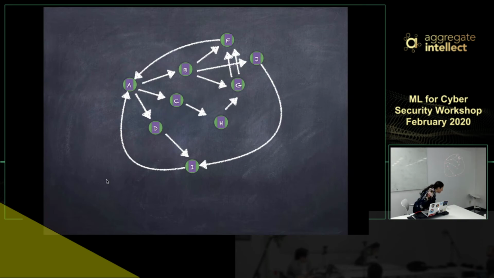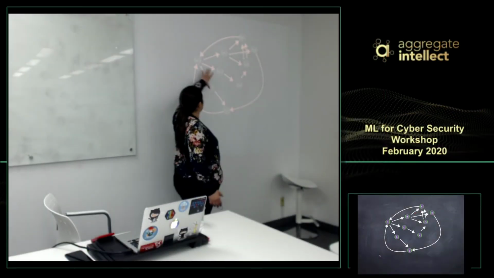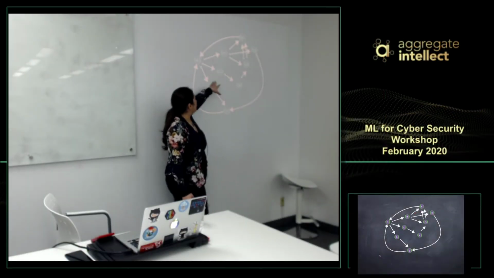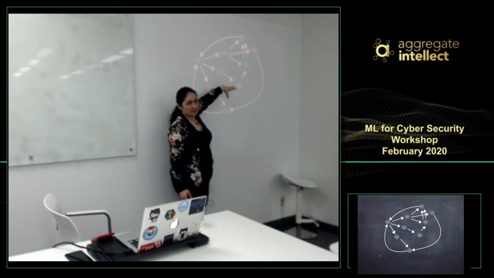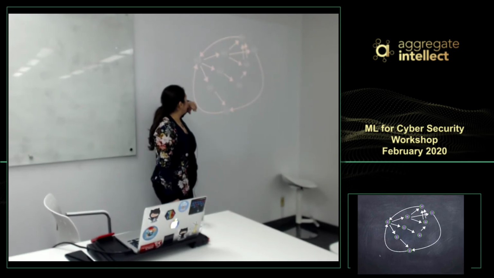Okay. So if person A sends money to these 3 persons, and they start sending money to their friends or relatives.